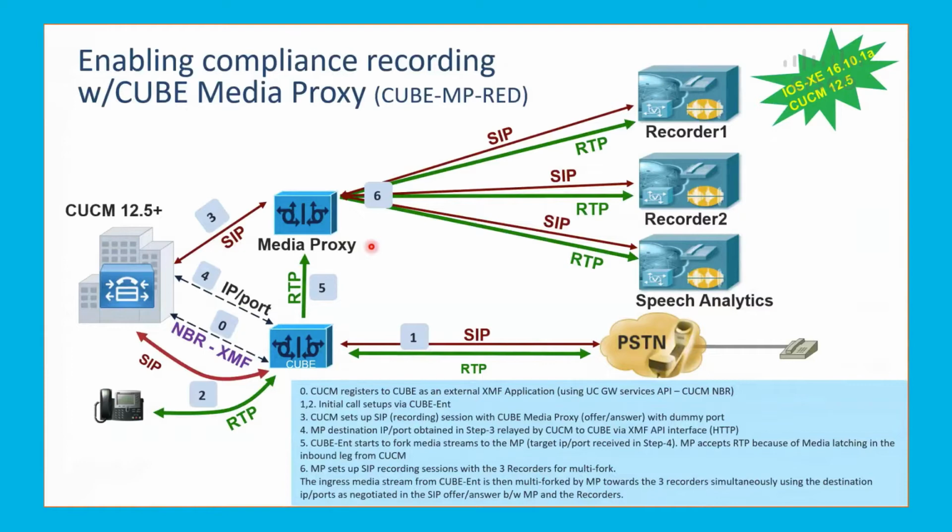Cube Media Proxy allows you to send media to up to 5 different recorders simultaneously for the same call. At the same time, it allows to record secure RTP sessions as well. So you can send to Cube Media Proxy an SRTP media, and it will duplicate that SRTP media and send it towards the recorder for storage and retrieval later on.